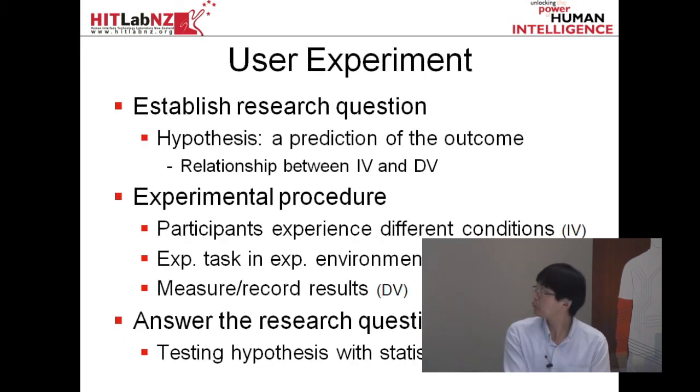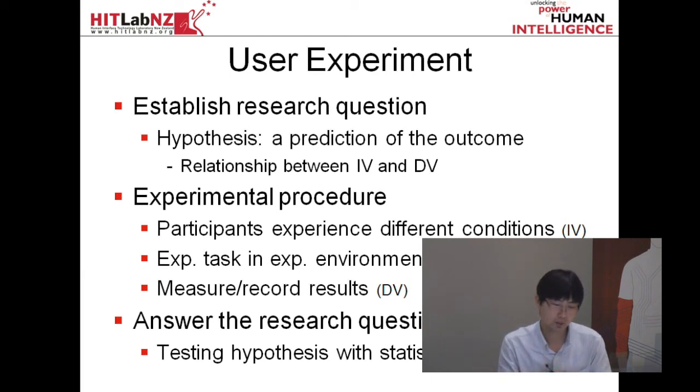So what you go through when you are doing a user experiment, this is kind of a flow, what you usually do. First, of course, you start with the research questions. In this case, for the user experiment, usually research questions are formulated in a more formal way, which is called a hypothesis. And it's basically, in essence, a prediction of the outcome, how your outcome would be.